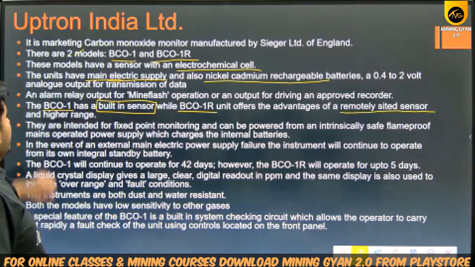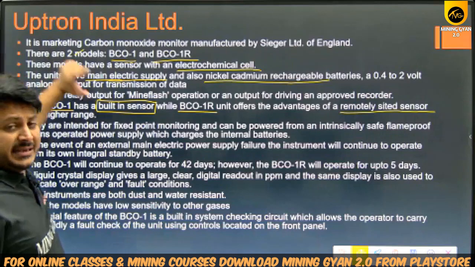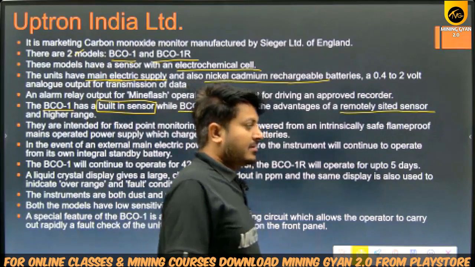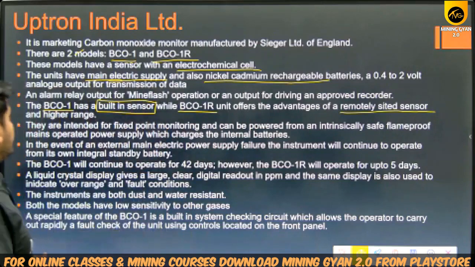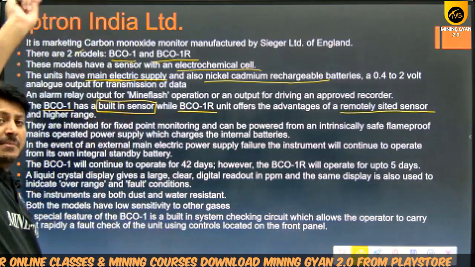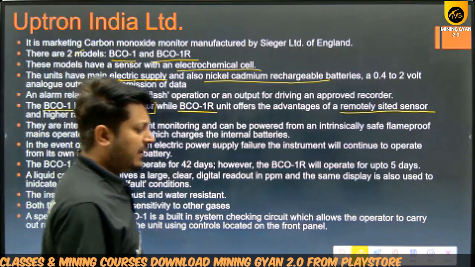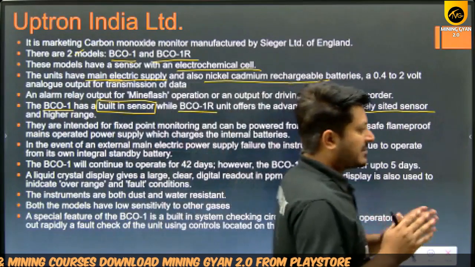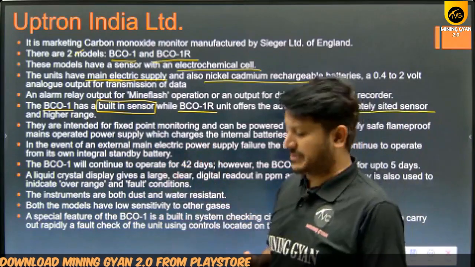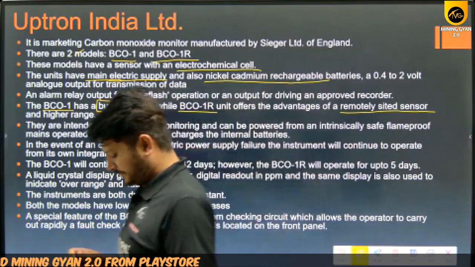But you will be able to see the percentage of different gases sitting at one place only, at a safe place only, and the sensor will be placed at some danger place, and you would be able to see the percentage of different gases from sitting at one place only, okay, at a safe place.